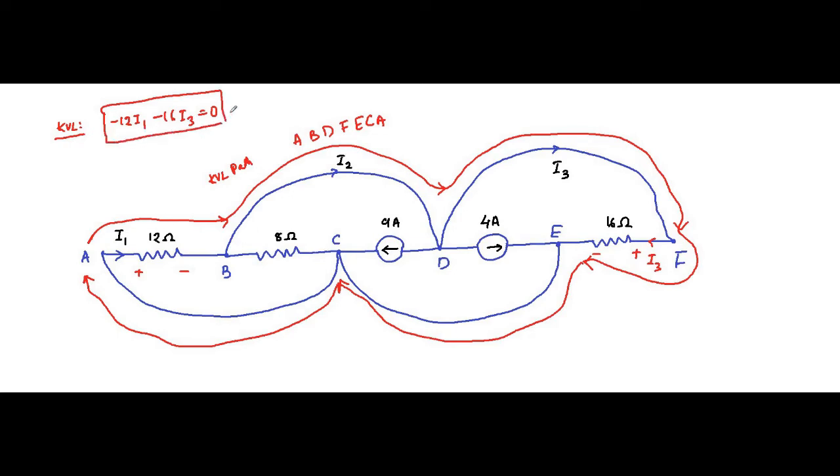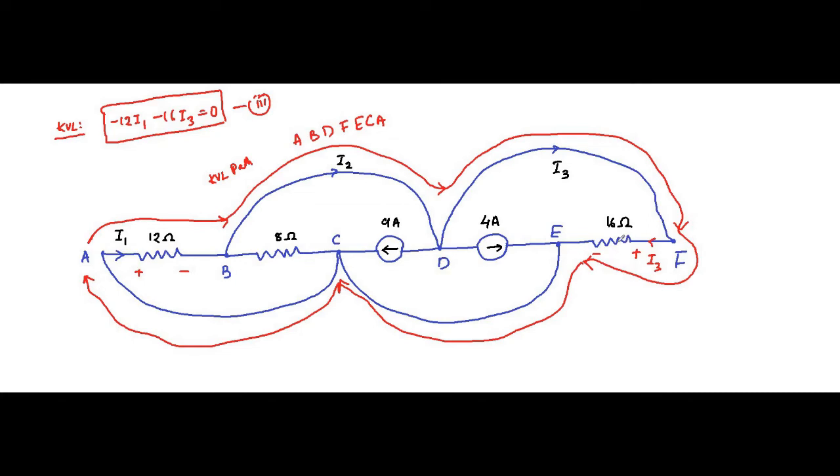See, such a long and complex KVL path, but such a simple equation, because in the other branches there is no resistance involved, so no voltage drop. Only these two resistors are encountered, and these are the voltage drops because of the currents flowing.